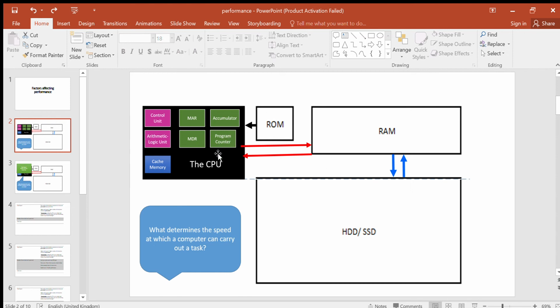Now if it's dual core, you would have 2 cores, each carrying out their own FDE cycle, so twice the amount of instructions could be executed per second. Quad core, you would have 4 separate cores, so you'd have 4 FDE cycles going on at the same time.